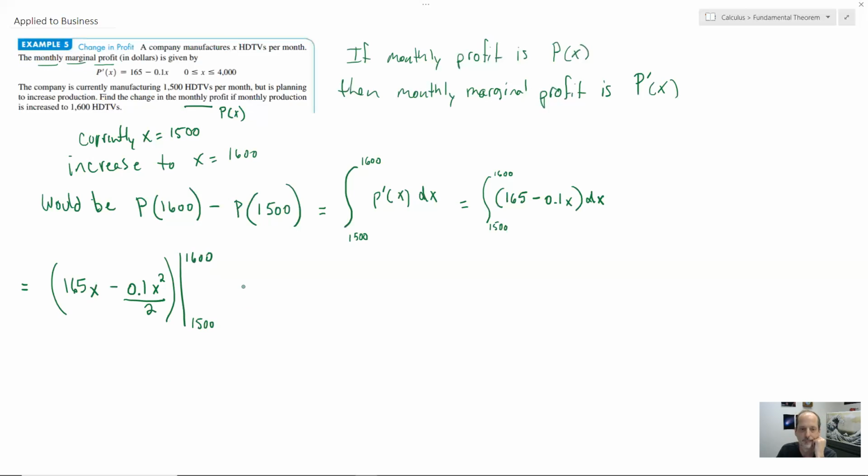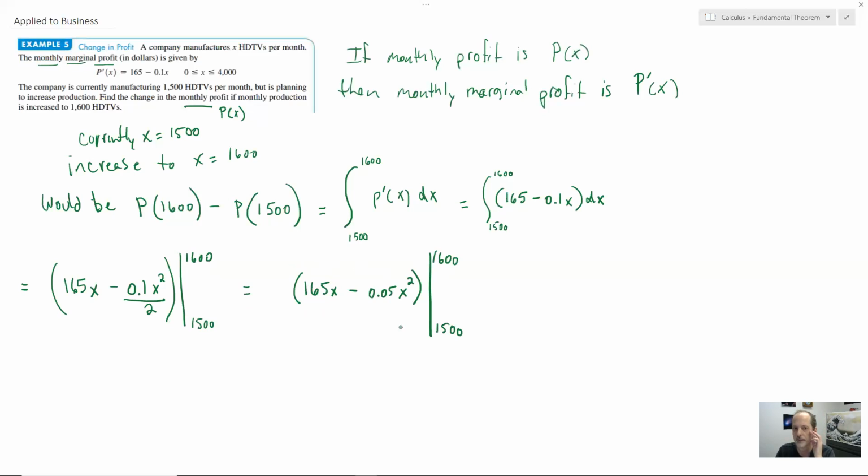Okay, notice I didn't split this out into two separate ones. I just did the integral.